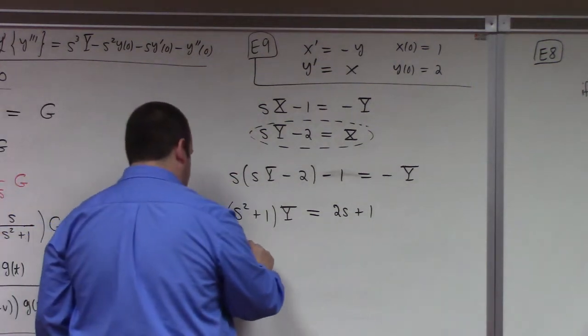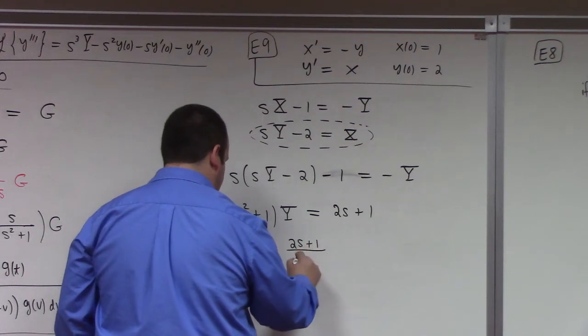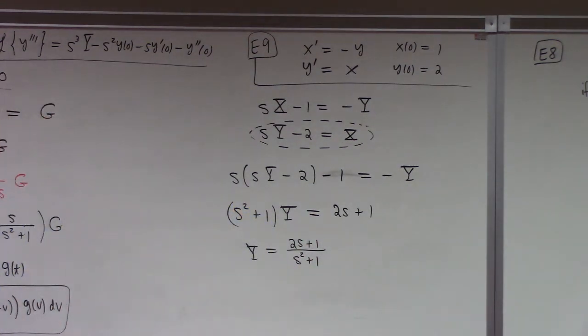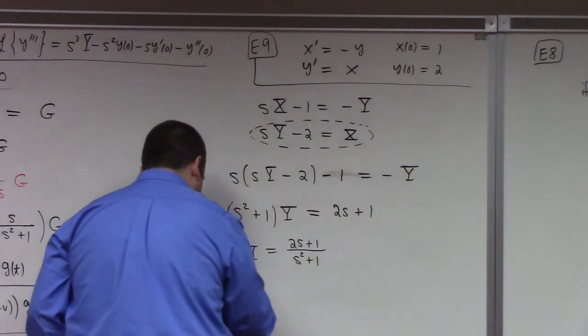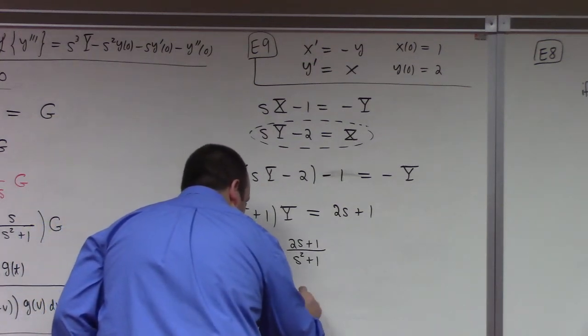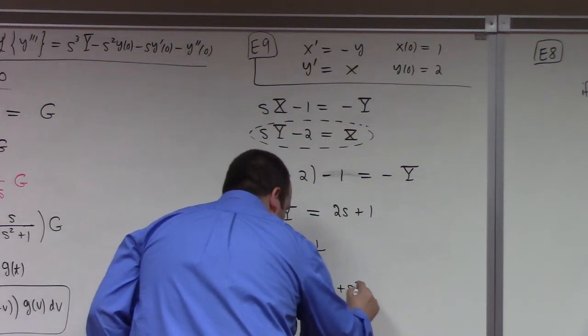And so big Y is (2s plus 1) over (s squared plus 1). I can take the inverse transform of that, and that gives me the solution for y. y of t is 2 cosine t plus sine t.